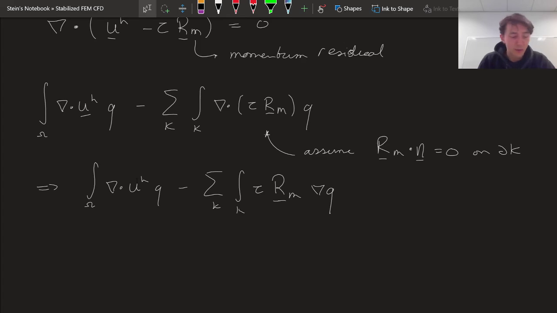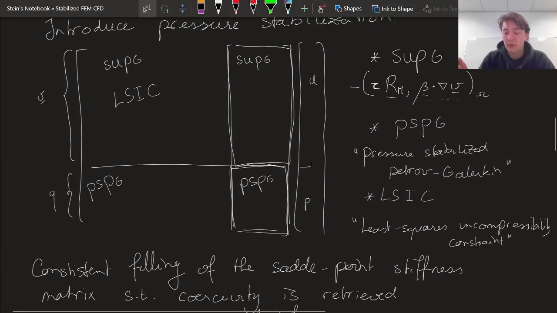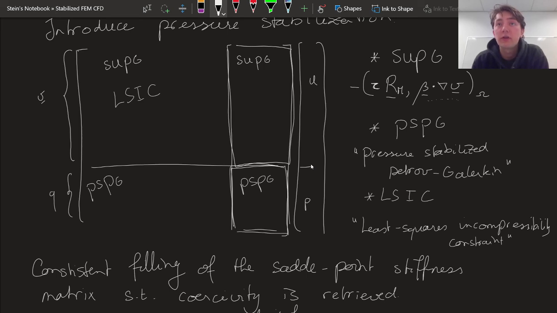Now let me conclude also by incorporating SUPG. This is the one that we already drew out here at the top, so I'm not going to repeat that. But this is a direct extension of the SUPG stabilization method of the advection-diffusion equation, where we have a momentum residual multiplied by a stabilization parameter and multiplied by the advective part of the operator of the momentum residual.